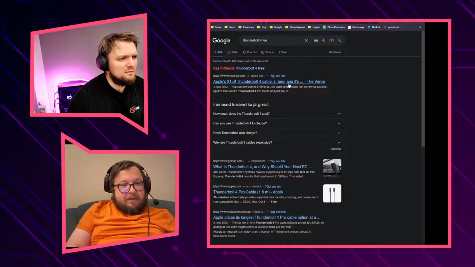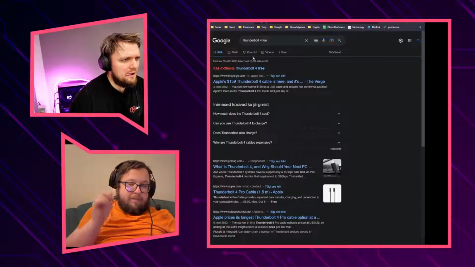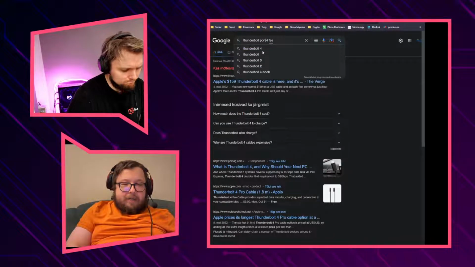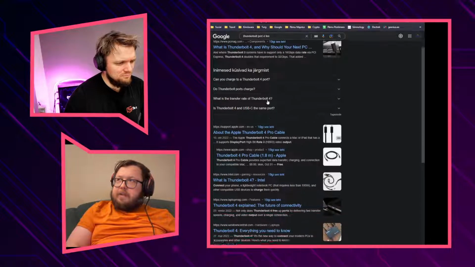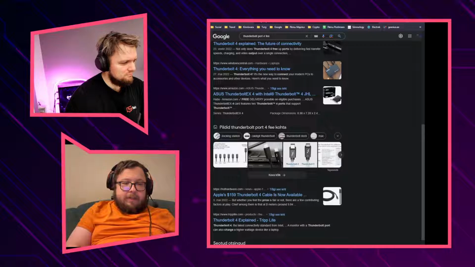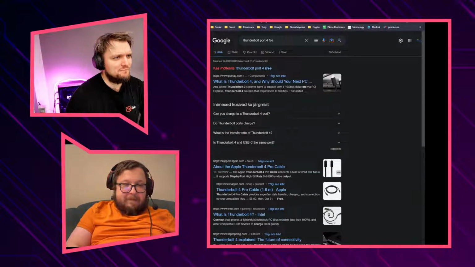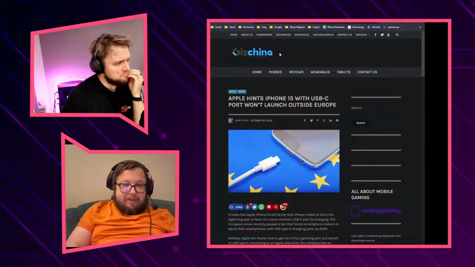Also, can we just wait? I saw the new iPads in Ideal recently, and they're so expensive. It's crazy. The new basic iPad with 64 gigabytes of memory costs €600.